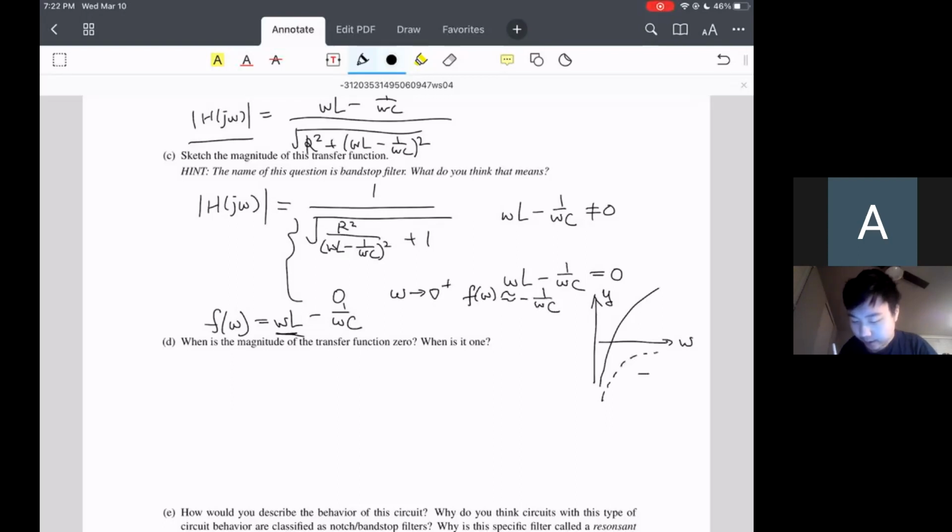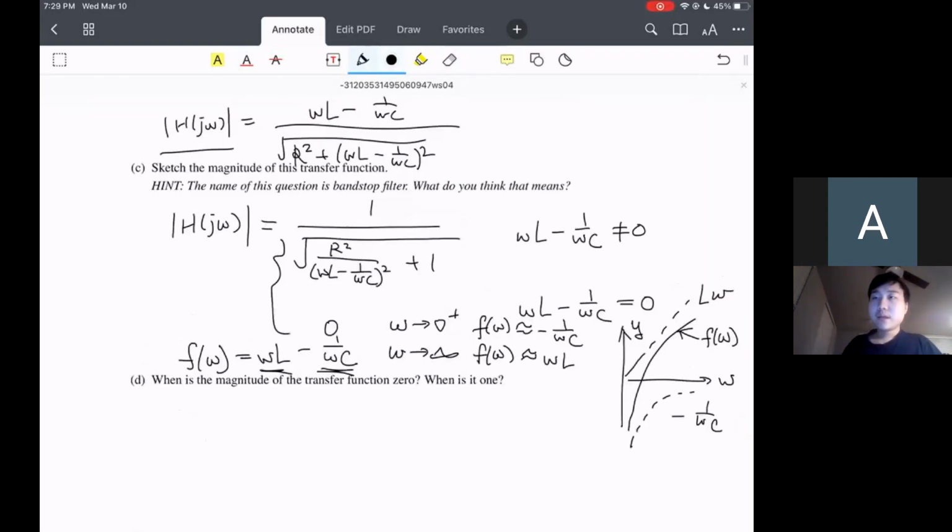Whereas if omega tends to infinity, since the 1 over omega C term is just going to be close to 0, as C is a constant, we know that f of omega is just going to be close to omega L, which will have this diagram. So this is going to be L omega. And so our diagram is going to be similar to something in between. This is our f of omega.